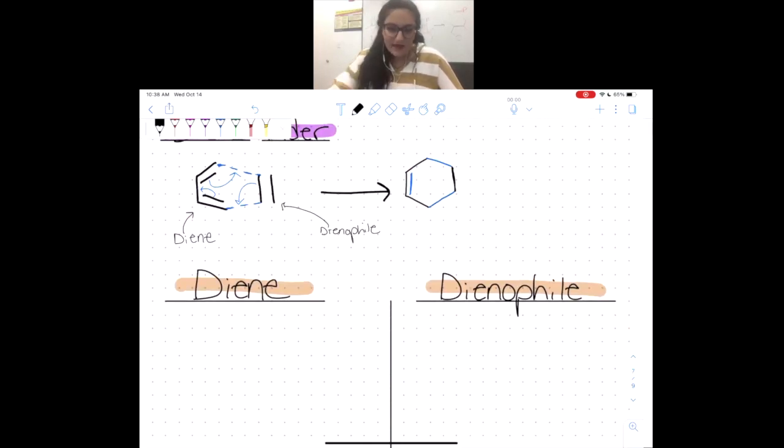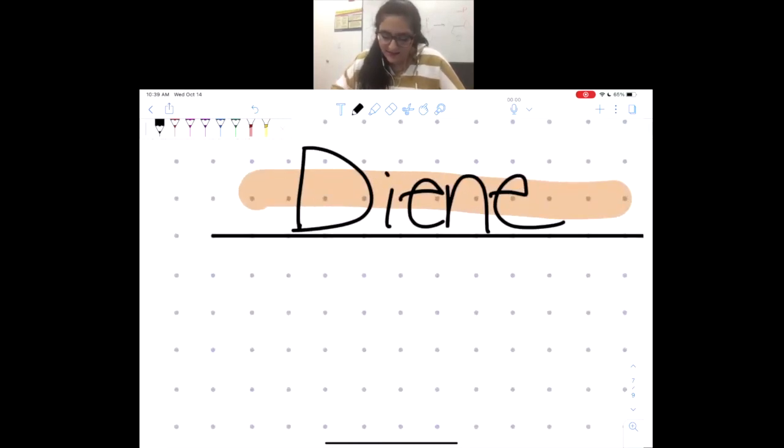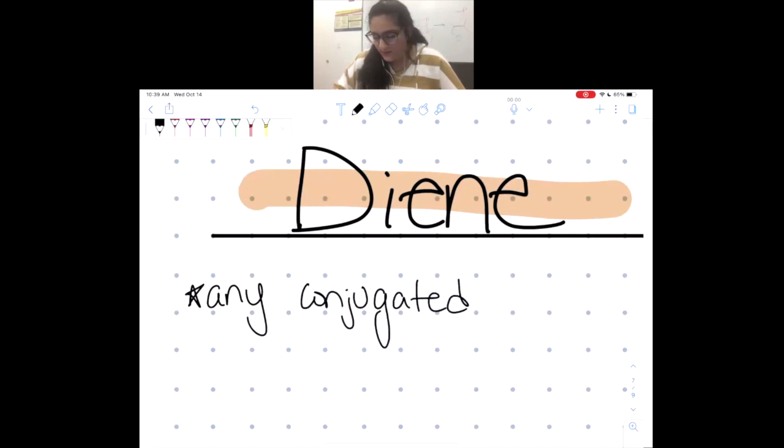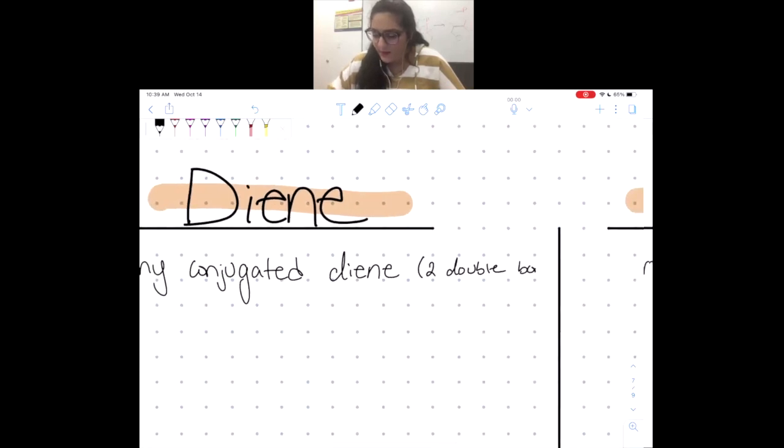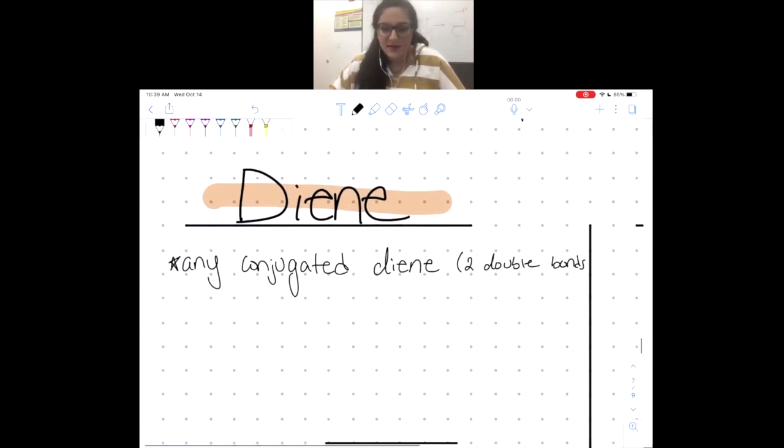So the diene, our diene, as the name states, will be any conjugated diene, which, if we remember from a little bit earlier, is a molecule that has 2 double bonds that are 1 single bond apart.